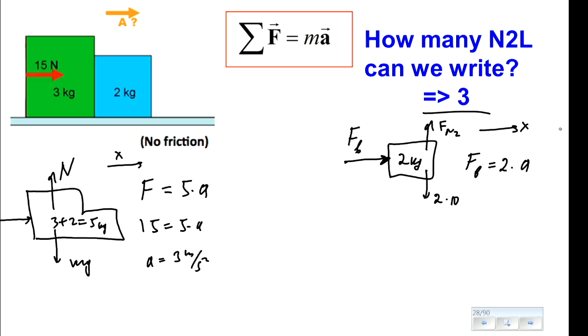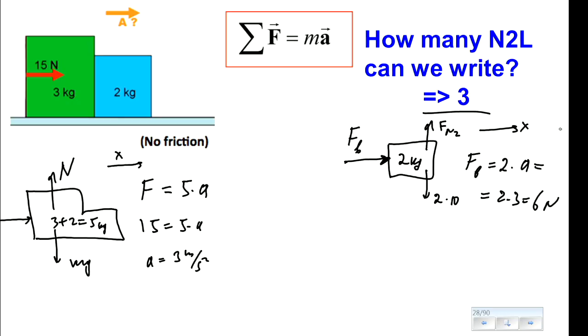Acceleration number 3. This force is 6 newtons. Why is it not 15? Because the 15 newtons force is not applied to the blue box, it's applied to the green box. My hand doesn't touch here. See? I cannot put it through. That's why it's not 15.